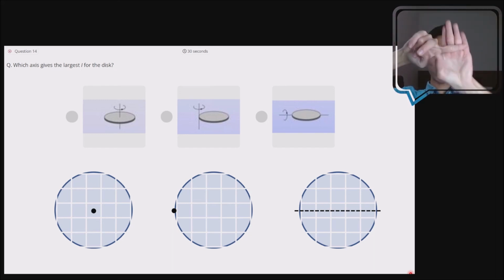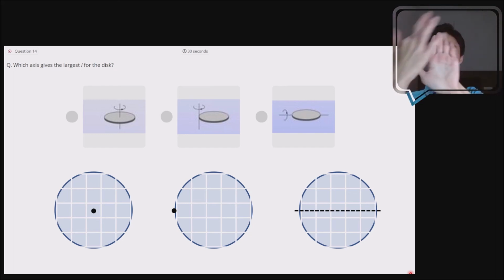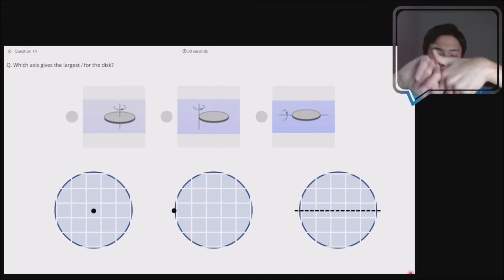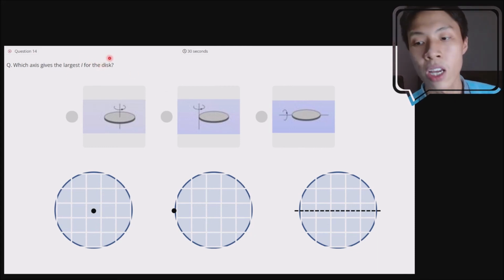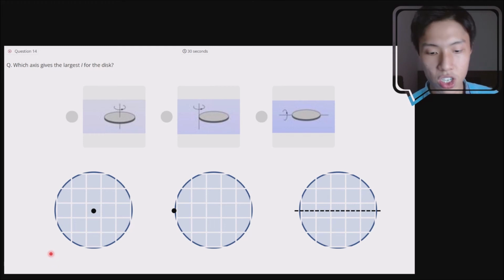You rotate something like this. This is your circular disc, you will rotate like this. So different ways of rotating it. It's the same disc but different ways of rotating it. Now they ask which one gives the largest moment of inertia. So we know that moment of inertia can be represented by this formula over here.